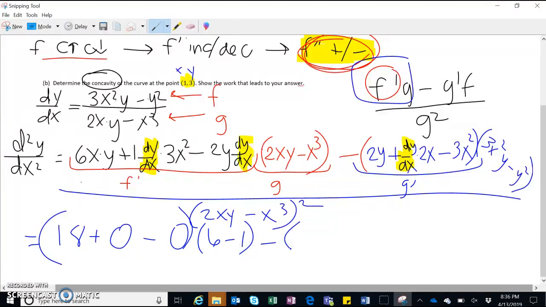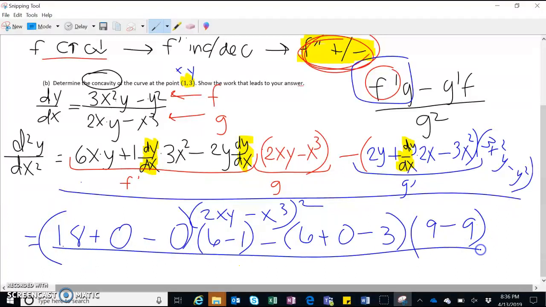Minus, I'm going to keep chugging along, 2 times 3 is 6, plus a big fat 0, because the dy dx shows up there, minus 3 times 1 squared, which is 3, all multiplied by 3 times 1 squared times 3, which is 9, minus 3 squared, that's another 9. How nice. All over 2 times 1 times 3, which is 6, minus 1 squared.